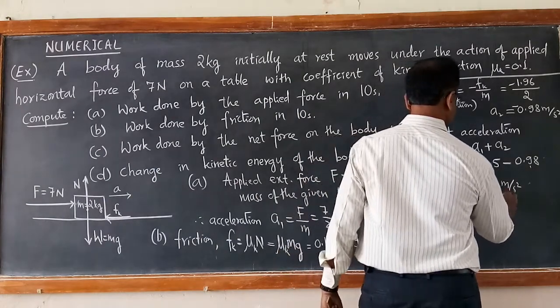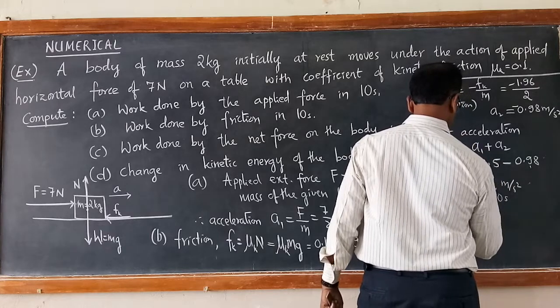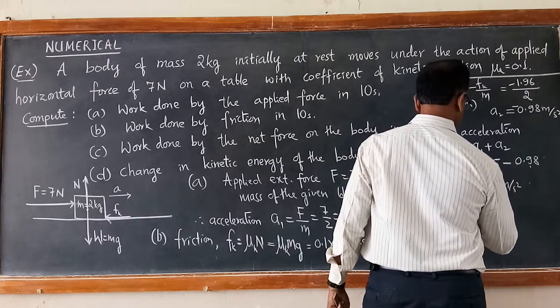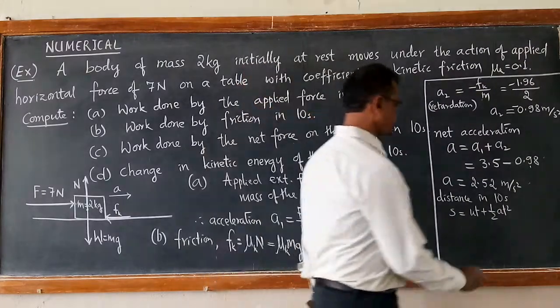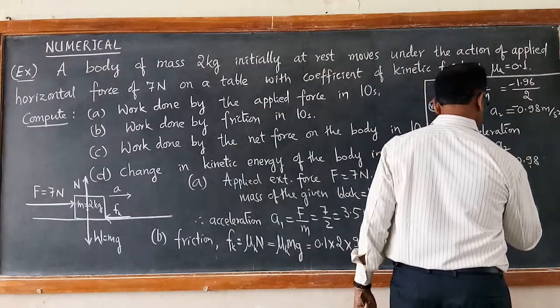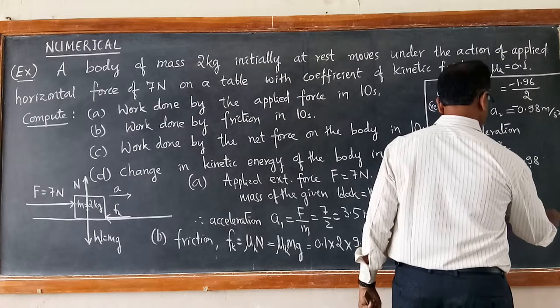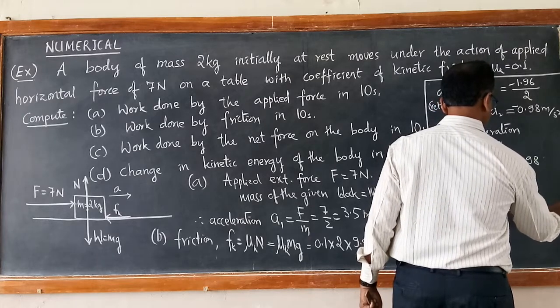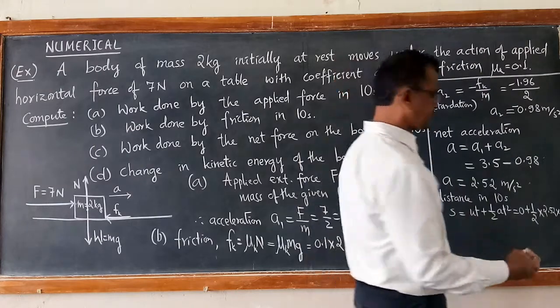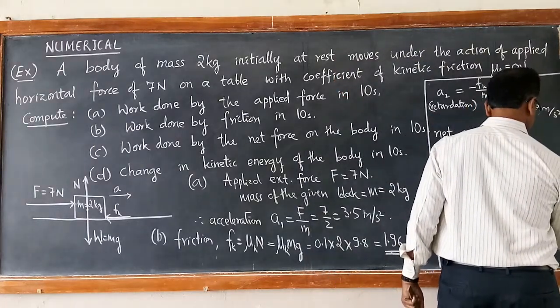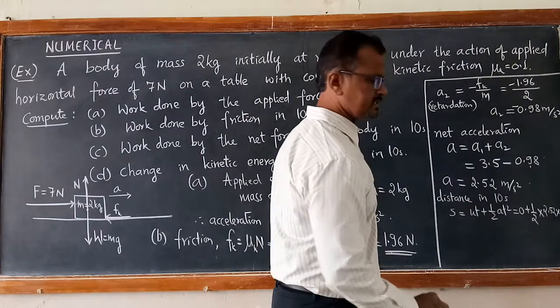in 10 seconds. S is equal to ut plus half at square. U is 0. So 0 plus half into 2.52 into t square, t is 10, so 10 square. So cancel this.